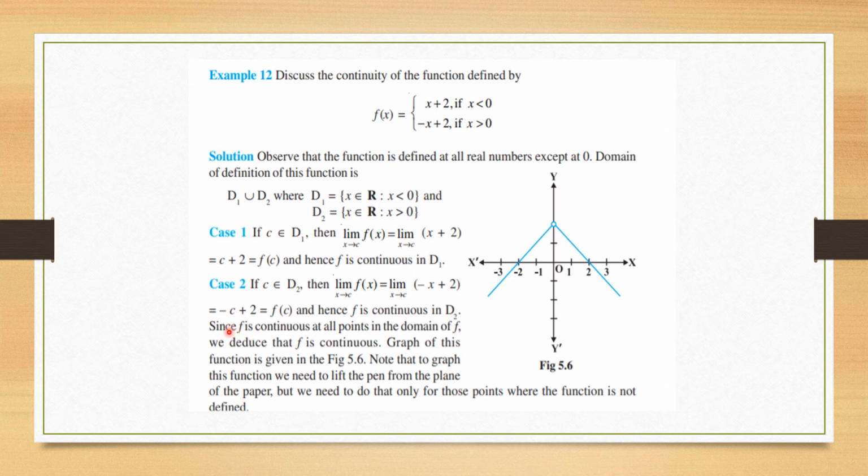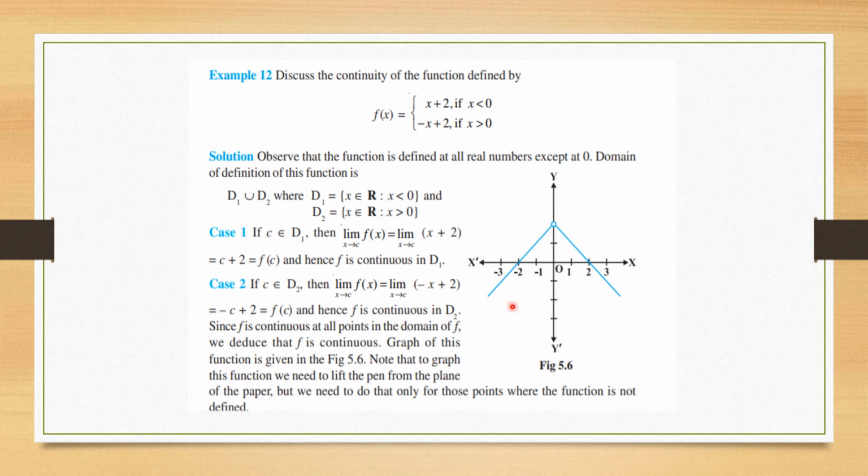Now since f is continuous at all points in its own domain, we deduce that f is continuous. The graph of this function is like this. But while plotting the graph, if we plot only this line, it is continuous. If we plot this line, it is continuous. But as it is not defined at x equal to 0, there is a break here.